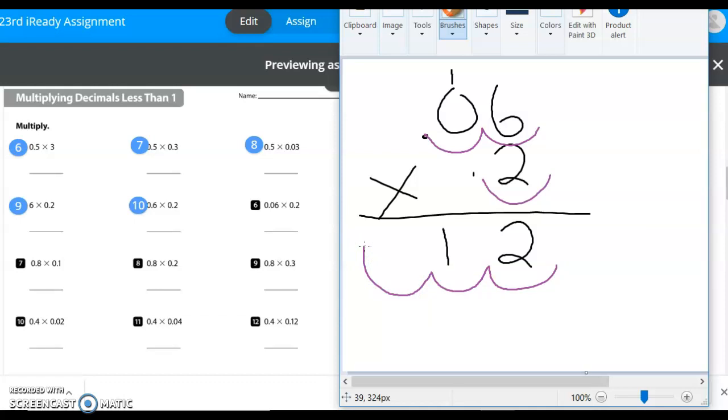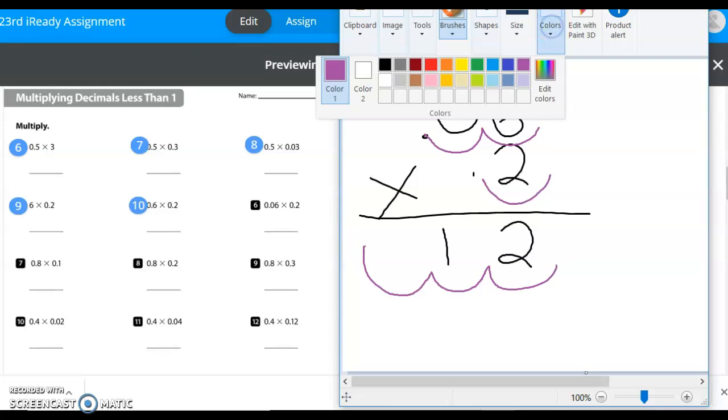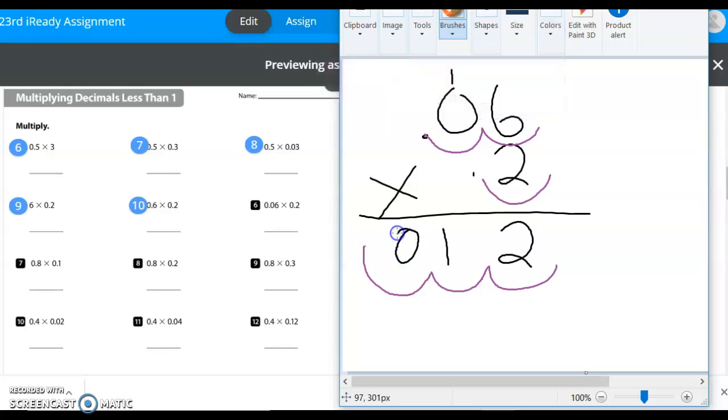What do I do with that? Well, what I'm going to do is put my 0 here and then my decimal. So 6 hundredths times 2 tenths is 12 thousandths. I scooped once, twice, 3 times. Let's do another one just to keep us in the groove, okay?